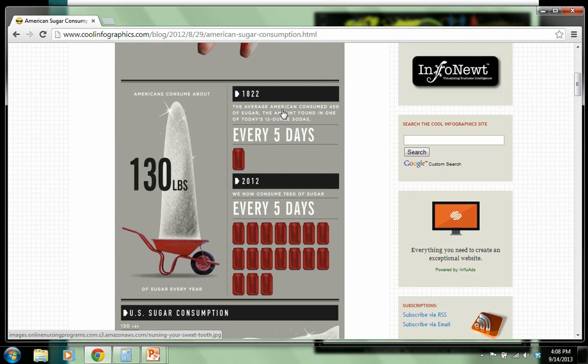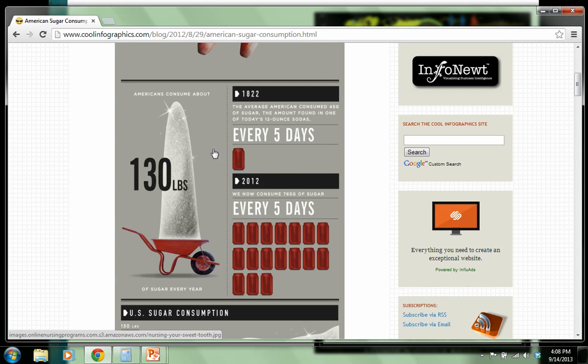The average American consumed 45 grams of sugar, the amount found in one can of Coke, in 1822. Sorry about that. Now in 2012, we consume many more cans every 5 days. There's been a huge change.